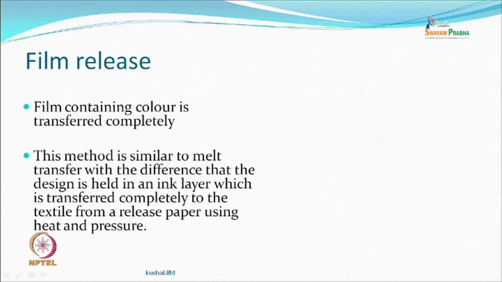The other is similar, but it's like a film getting released. So the film containing the color is transferred completely. So there is a film on the paper, loosely held, but when you put it there, it likes the paper less than the fabric, and when you press, compress, or do whatever, it just gets transferred onto the substrate.